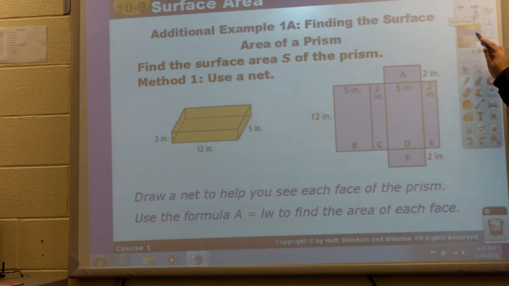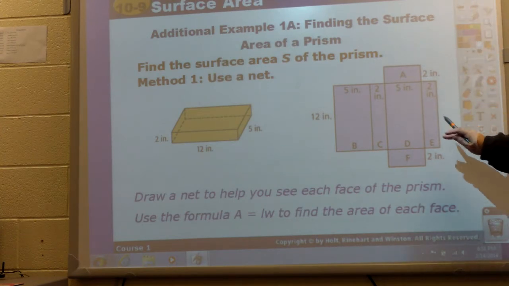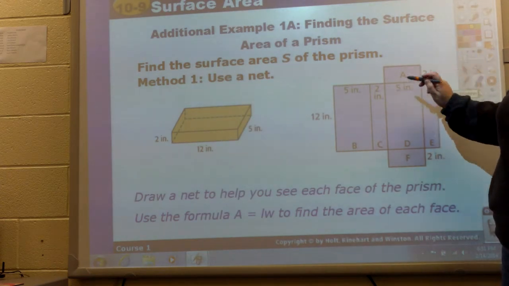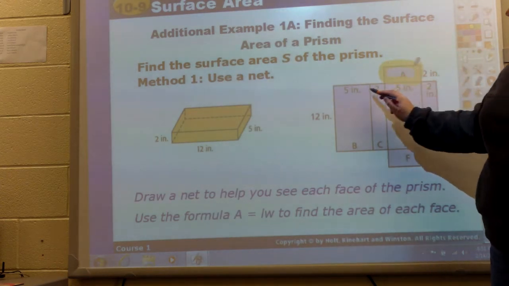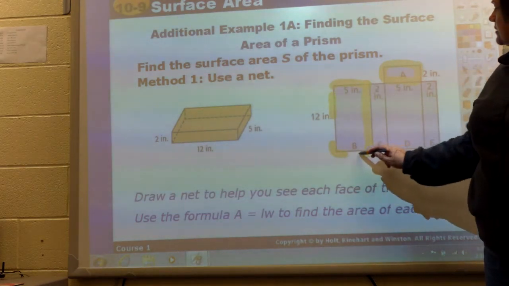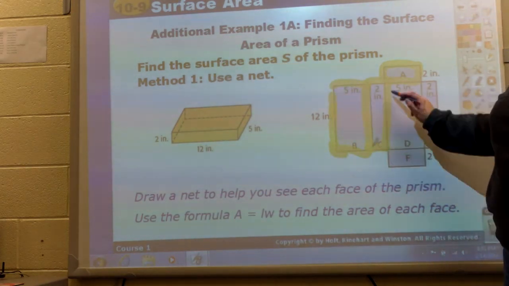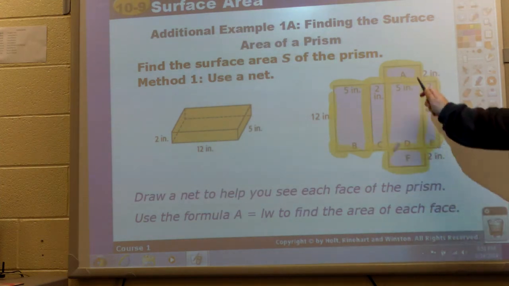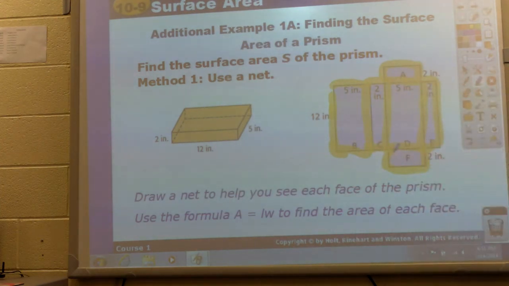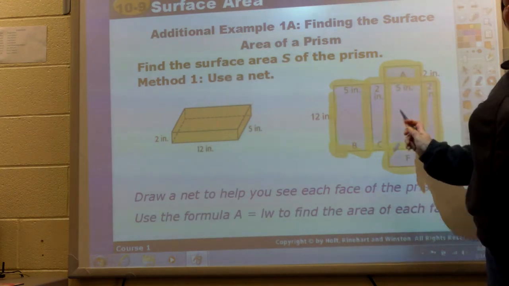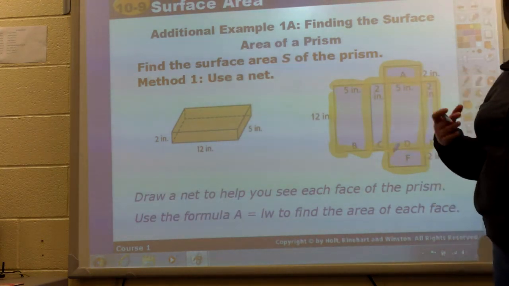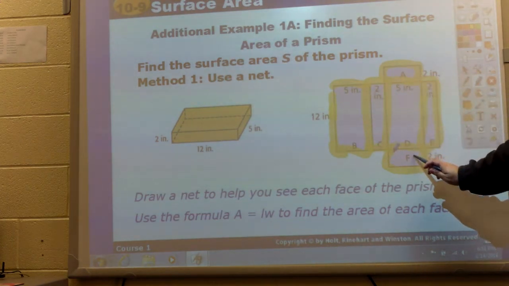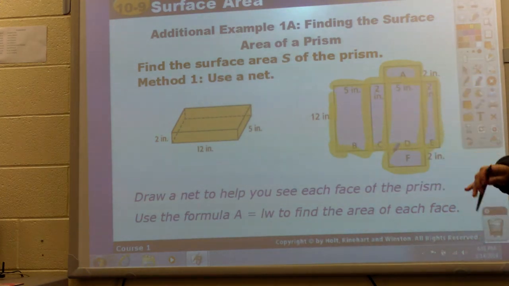You'll notice that we have it sectioned off into pieces. We have A is here, B is this rectangle, C is this rectangle, D, E, and F. So we have all these different rectangles that we're going to find the area of each piece, just like when we did area of composite figures, we had to break it down into smaller pieces. You're going to find area of all of these and then add up the areas to find the total.